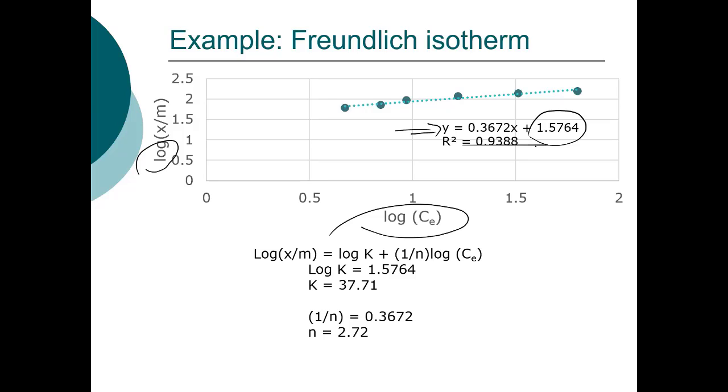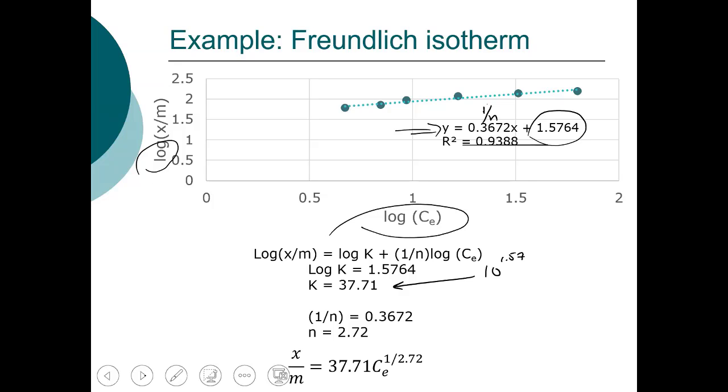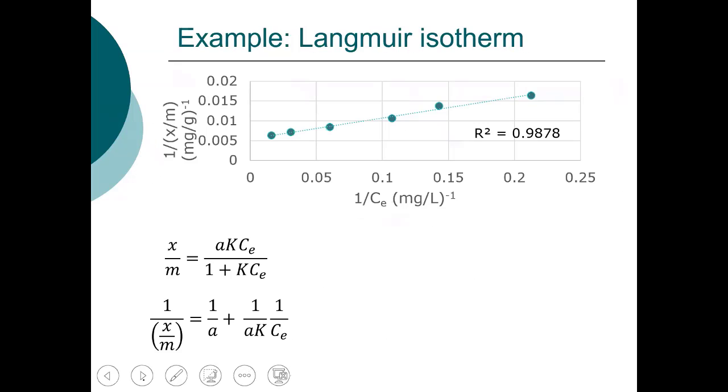And we take then 10 to the 1.57, and that gives us K. The slope is the 1 over n, so this is our 1 over n. And we can write an equilibrium expression. So this is the Freundlich isotherm for the data that we obtained.